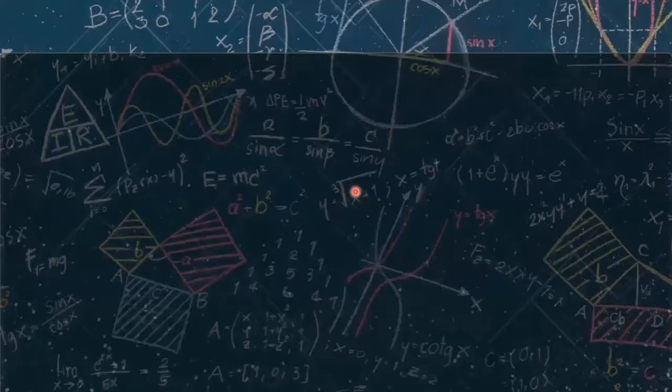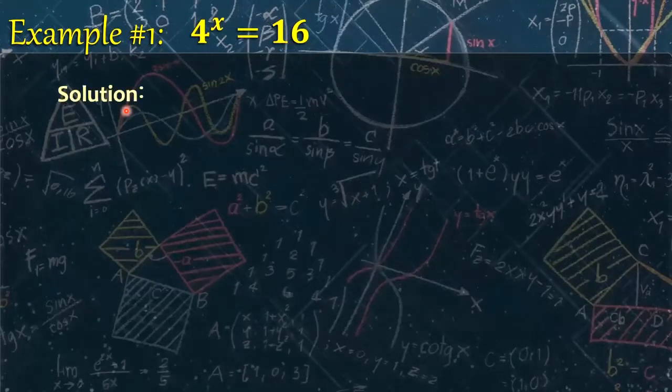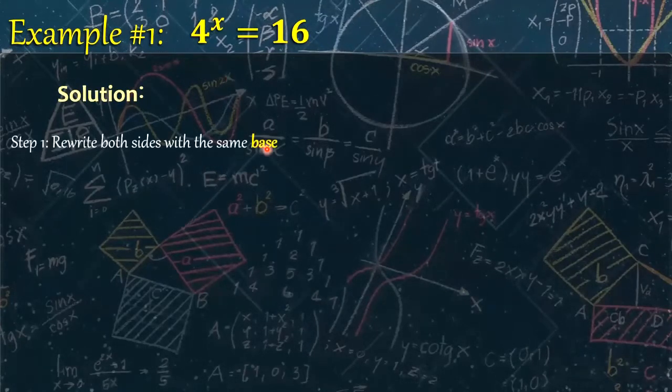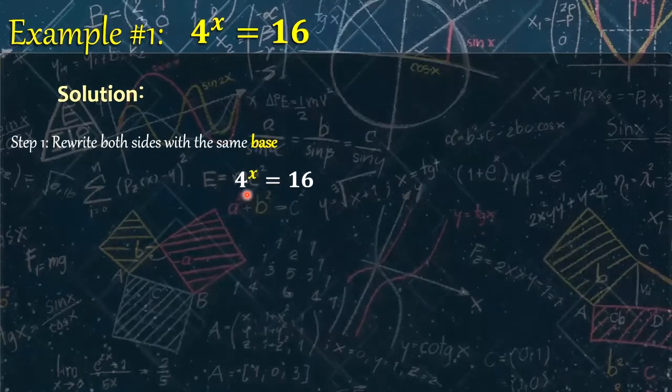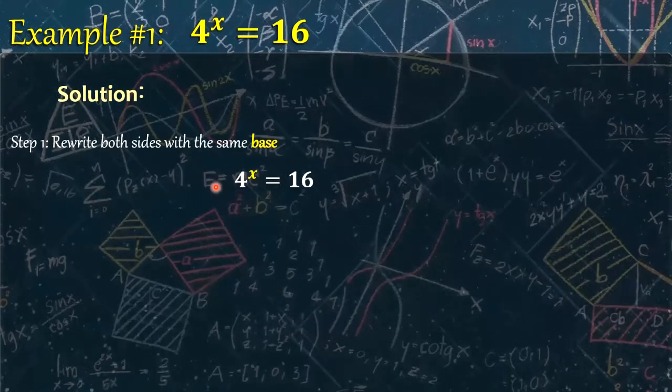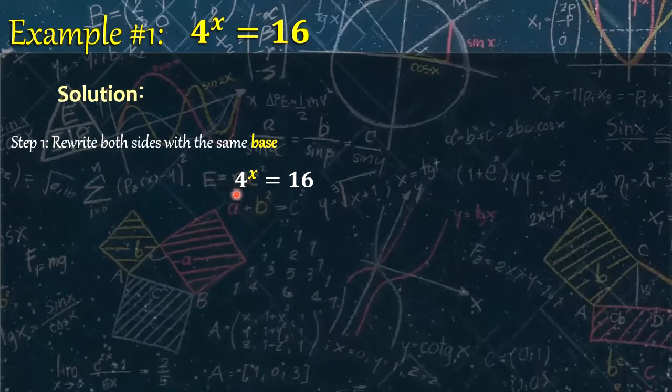Example number 1. 4 raised to the power of x is equal to 16. In solving exponential equation, we have 2 steps. First step is to rewrite both sides with the same base. Since the left side of our equation is already in exponential form, x is the exponent, 4 is the base.